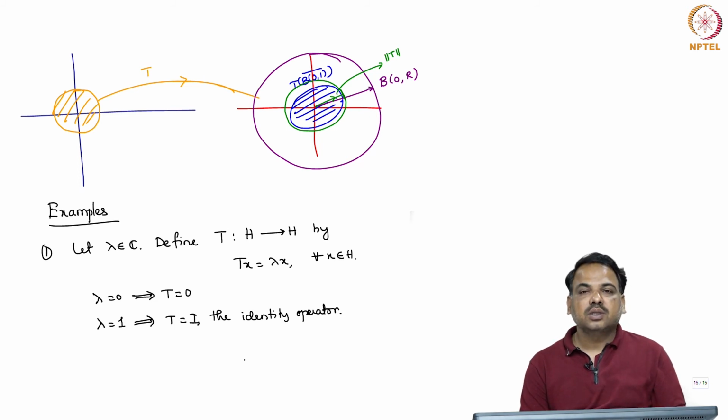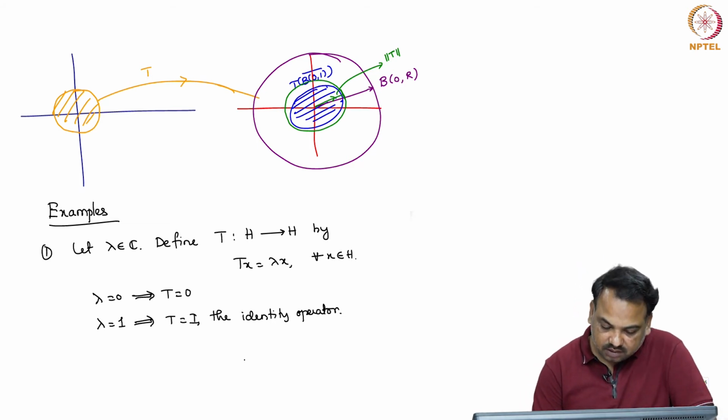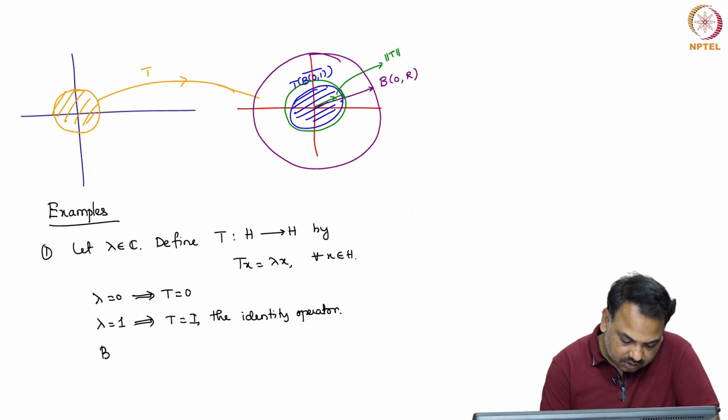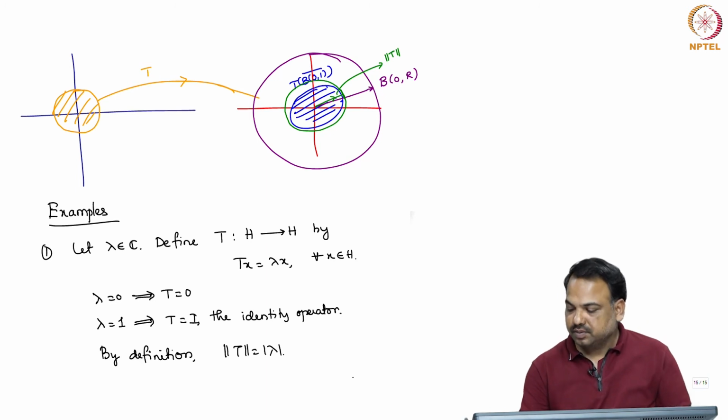So, since norm T is positive, we can conclude that norm T is nothing but mod lambda. So, easily by definition we can check that norm of T is exactly modulus of lambda.